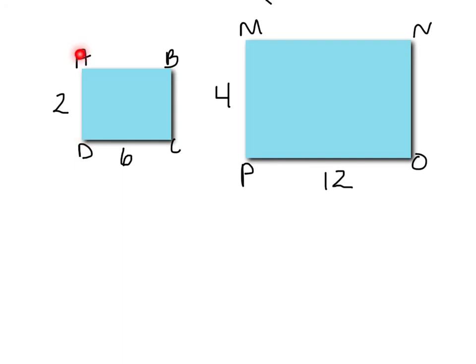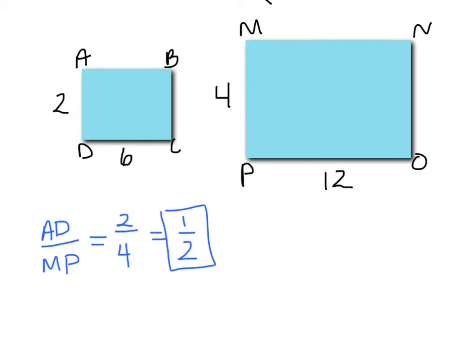AD is 2, and AD corresponds to MP, which is here, which is 4. So first I can write AD over MP, because those are the two sides that I am comparing. And then I can go ahead and input the values of each line. It's 2 over 4, which reduces to 1/2. So the relationship between those two lines is 1/2.